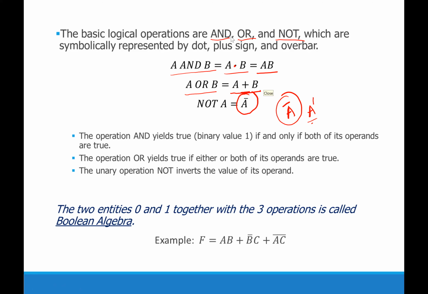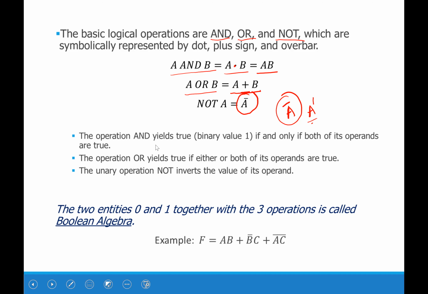After applying those Boolean variables to these operations, let's see what will happen. The first one is the AND operation. This yields true, which implies the answer is equal to 1. That happens only when both of its operands, that means the inputs A and B, are true.